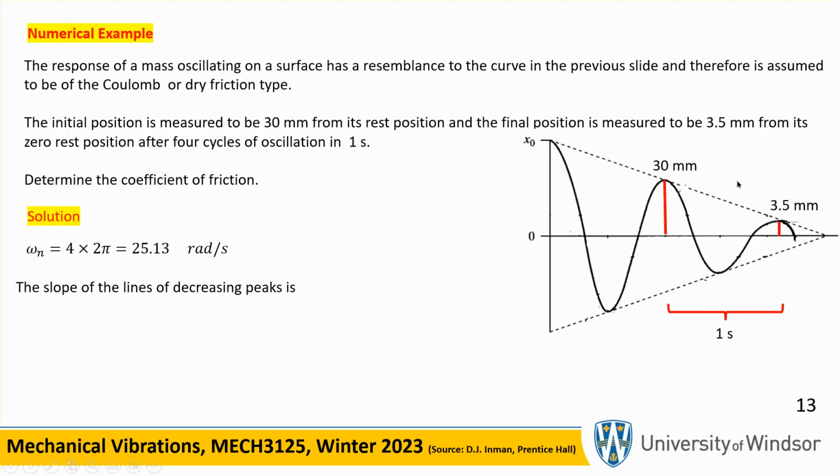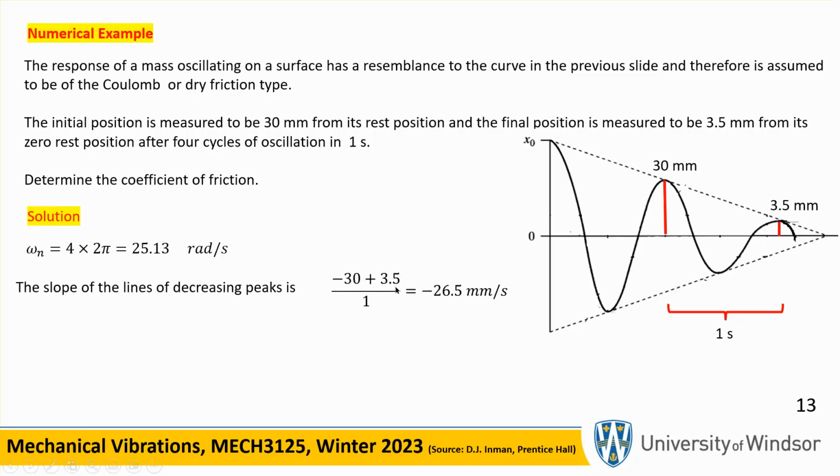Now, the slope of this line: all you have to do is take 3.5 minus 30, divided by that time, which is 1 second.